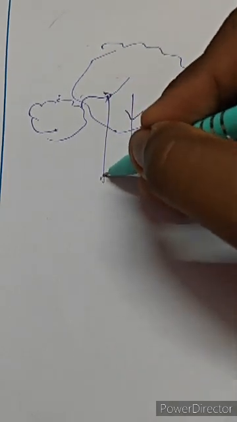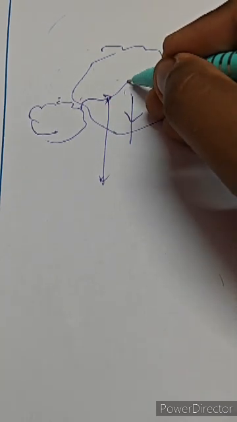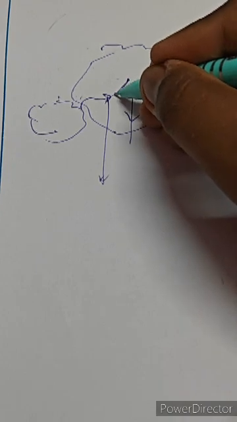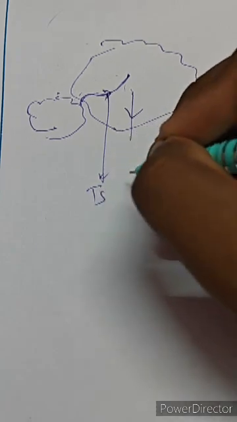The time period of P waves, generated from here and going to here, is ts.